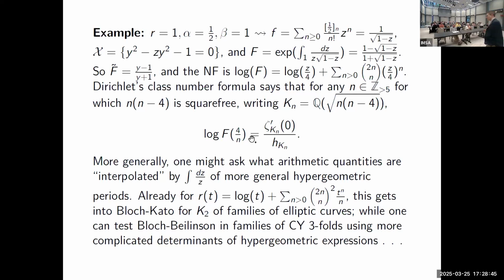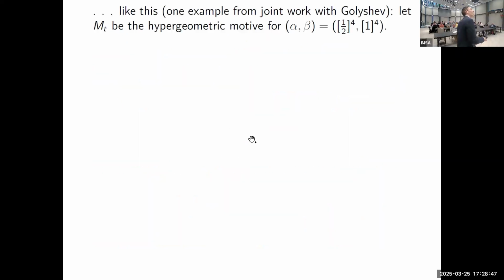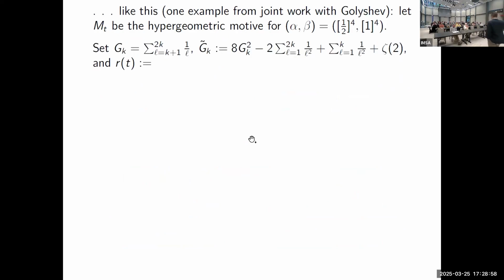So I want to give you one example. Let M_T be the hypergeometric motive for alpha, beta equals a half, a half, a half, a half; 1, 1, 1, 1. Okay, so that's sort of the generalization that we've been doing. We started with a half, 1, then we did a half, 1, 1, which is the Legendre family of elliptic curves. And now we're at some higher Legendre Calabi-Yau threefolds.